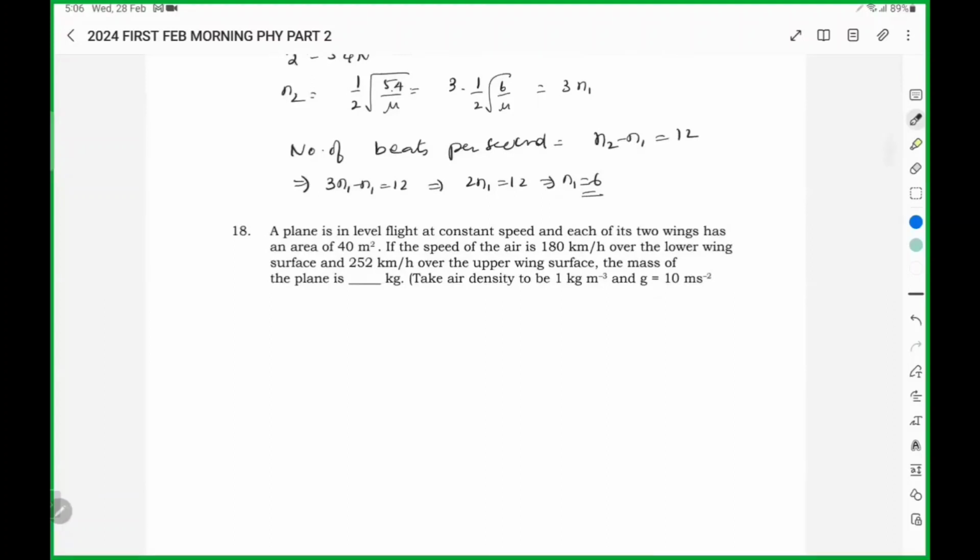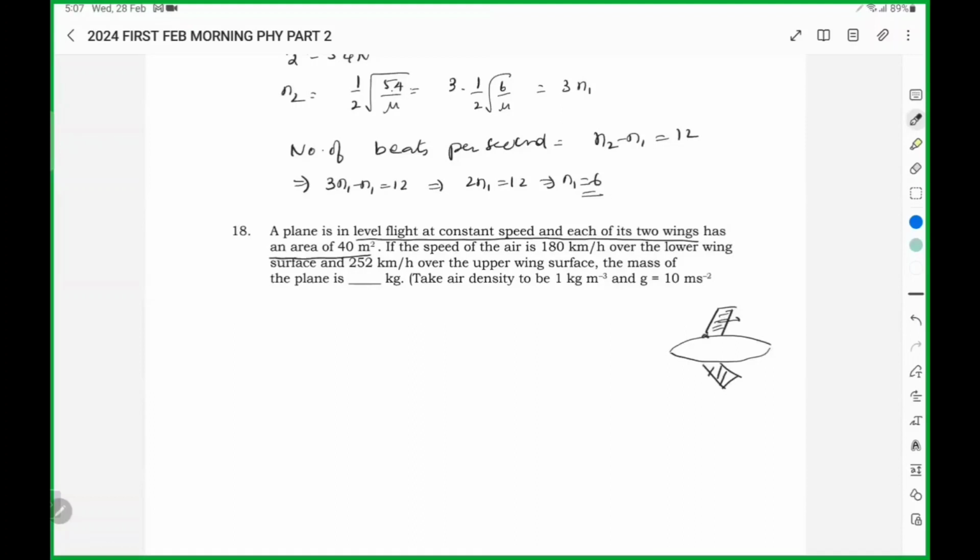A plane in level flight at a constant speed, and each of its two wings has an area of 40 meters square. Here it is one wing, and these are two wings.